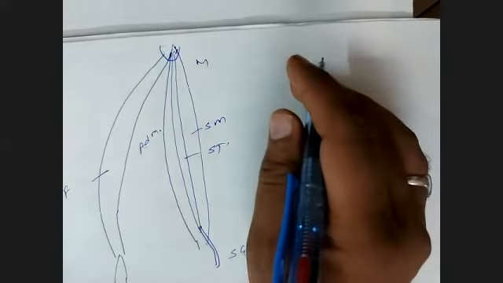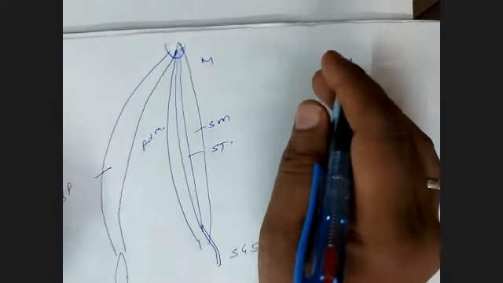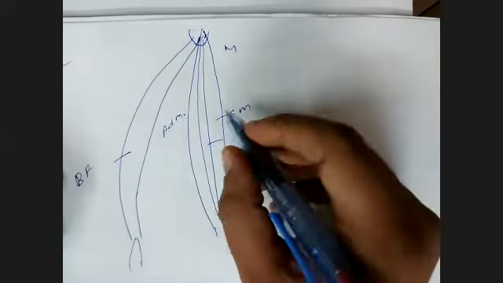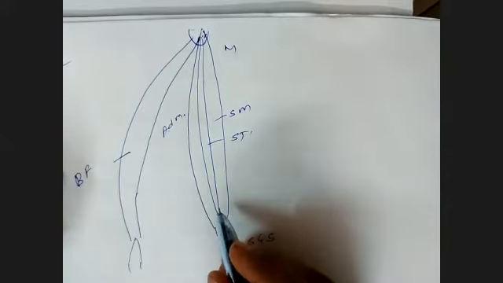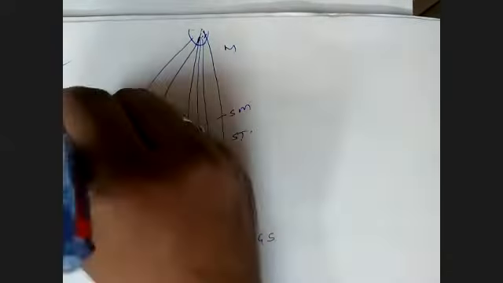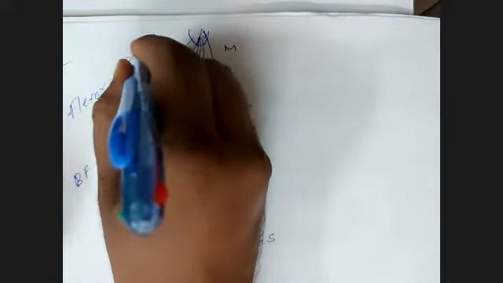Actions, as we said, they are all flexors of the knee and extensors of the hip.